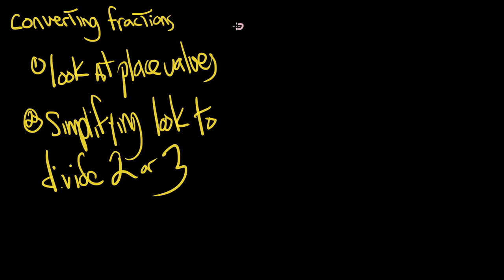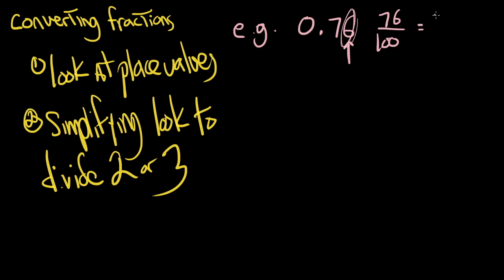Here's some examples. We're going to convert things to a fraction for this one. Let's say you had, I don't know, 0.76. We're looking at place value. Tenths, hundredths. This is the hundredths. So we get 76 over 100. This is an even number, so we can be dividing by 2.